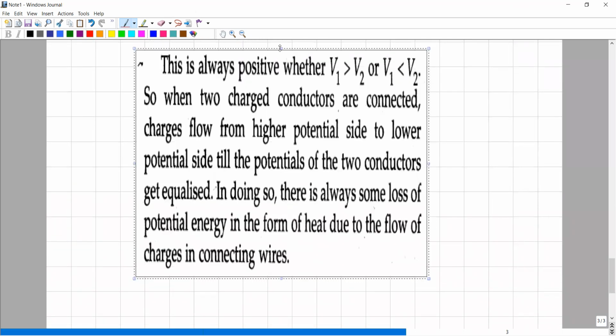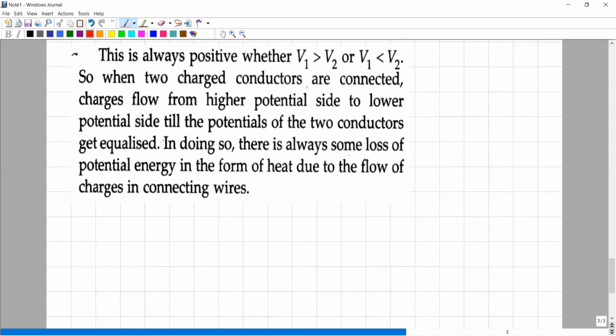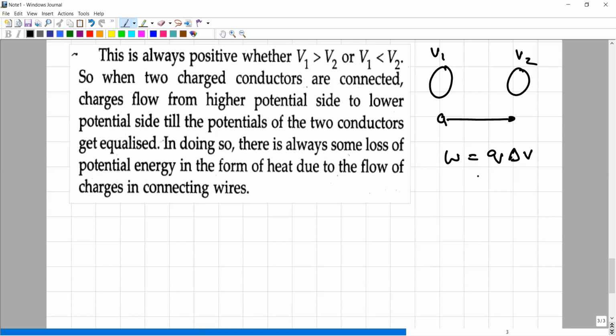Think like this: if the charges are going to flow from potential V1 to V2, let's say Q charge flows, we know that in this process some work will be done.